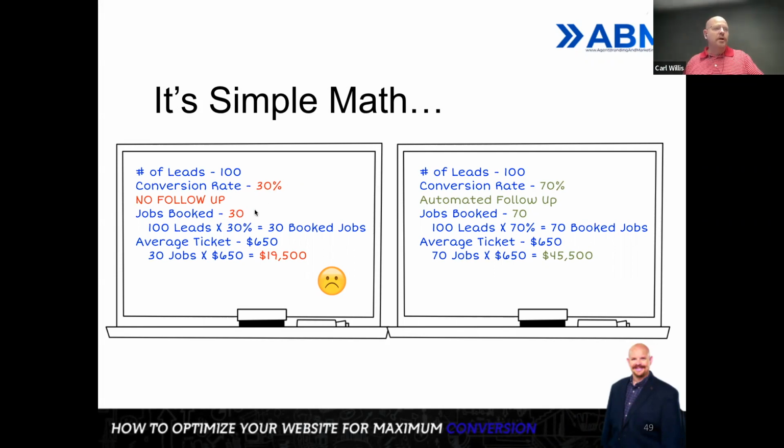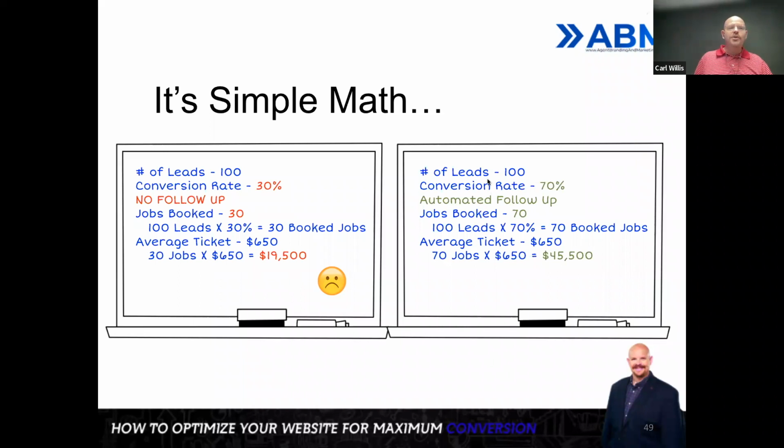So that means we're going to book 30 jobs or get 30 new policies, or we're going to have 30 new houses that go under contract, whatever that looks like for you. We're going to keep the math simple, low numbers here. Let's just say our average ticket is $650 is what we're going to earn out of that. Out of those 30 jobs, we're going to make $19,500.